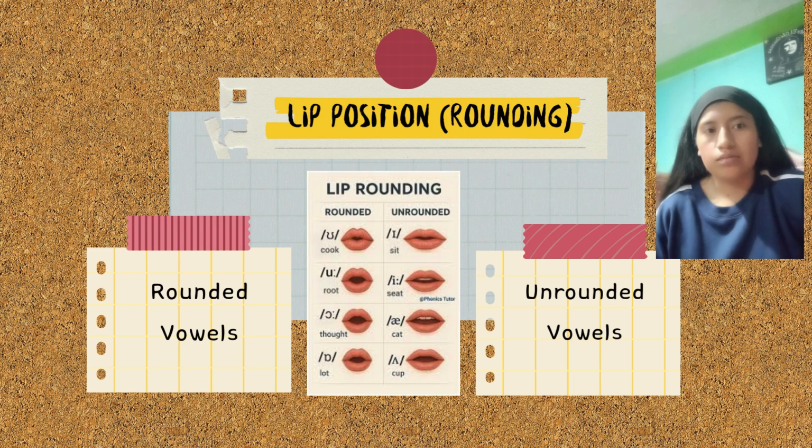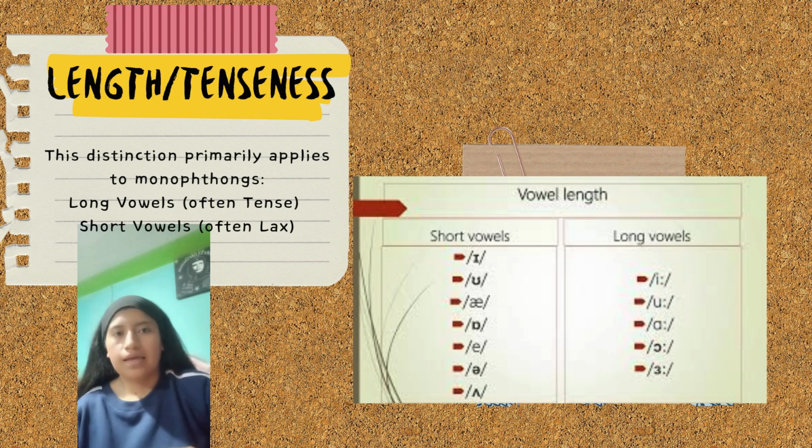Rounded vowels: the lips are rounded and pushed forward. And unrounded vowels: the lips are spread or in a neutral position. Then tenseness. This distinction primarily applies to the monophthongs.